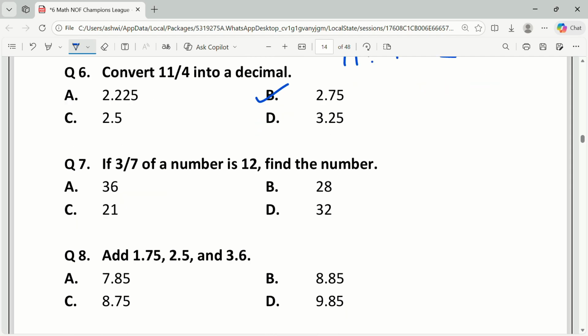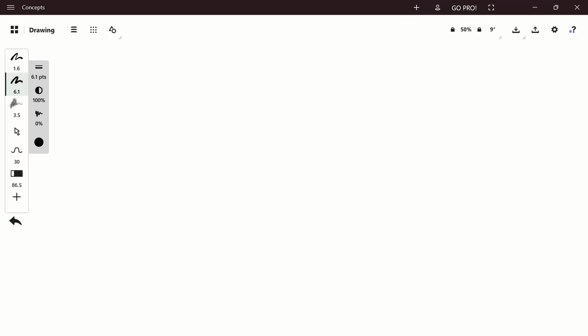If 3 by 7 of a number is 12, find the number. Let x be the number. The problem can be represented as 3 by 7 of x is equal to 12.